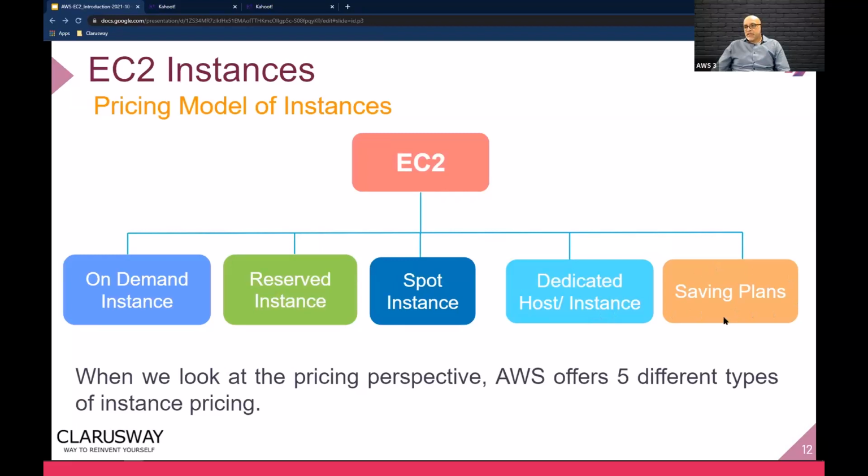And then there are savings plans, which are related to a customer committing to spending a certain amount of money. The difference between a reserved instance and a savings plan is that with a reserved instance, you commit to use an instance for 1 or 3 years. Here you commit to spending, I don't know, $5,000 a month, and based on what you're committing to, you get a discount. Okay.